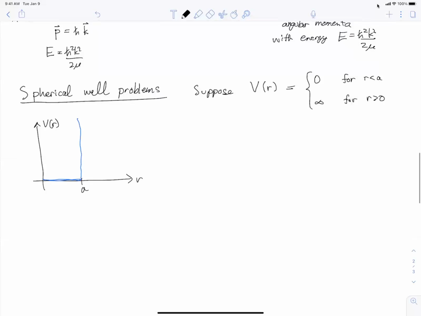Okay, and so what is this? This is a particle confined to a sphere or to a ball, as opposed to the one-dimensional problem that we did where a particle was confined to a box. So here V equals infinity. The particle is forbidden to be there.